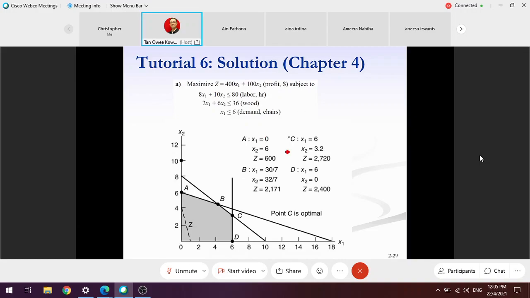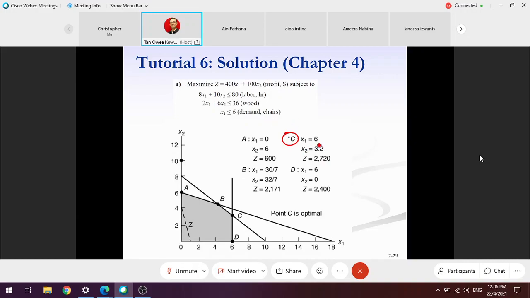The solution in chapter 4 suggested that the optimum point is point C, which is x1 equal to 6, x2 equal to 3.2. So it depends. Some of you might get a different answer, 3.0, 3.5. It's fine. Tetapi when it comes to these tutorials, if you get something different from 3.2, you might have a different answer for the unused resources.